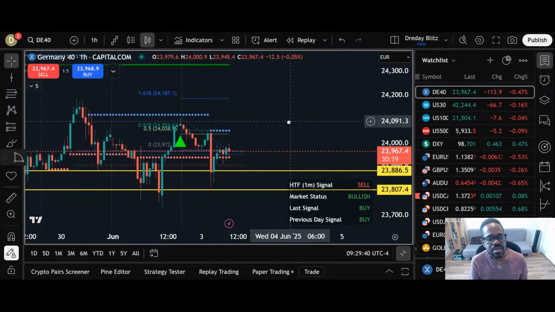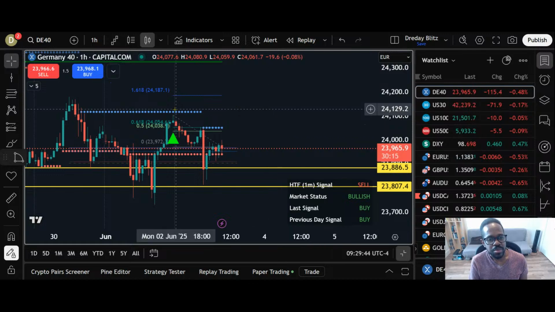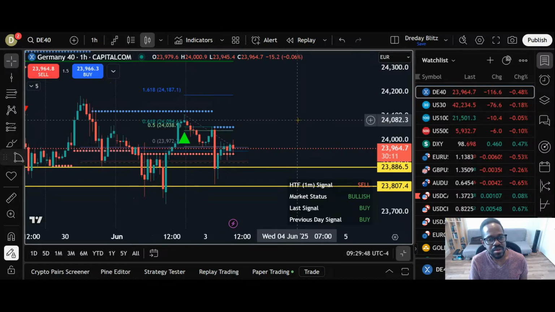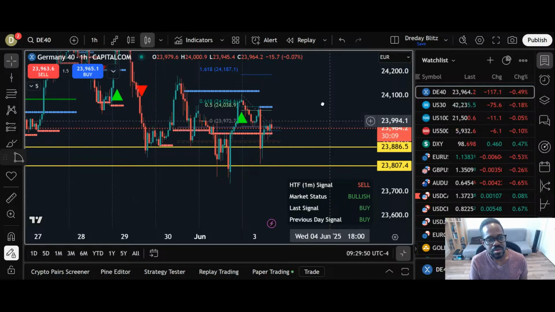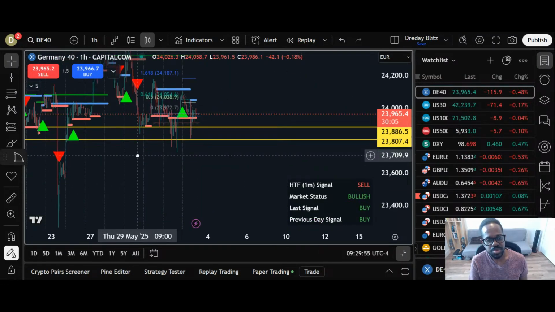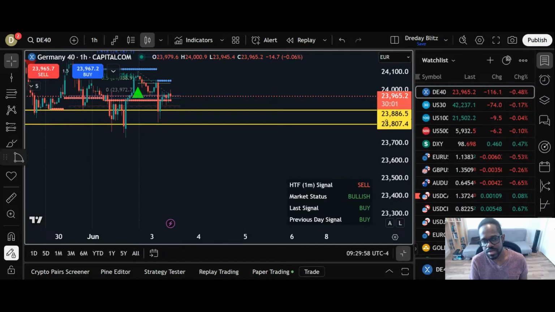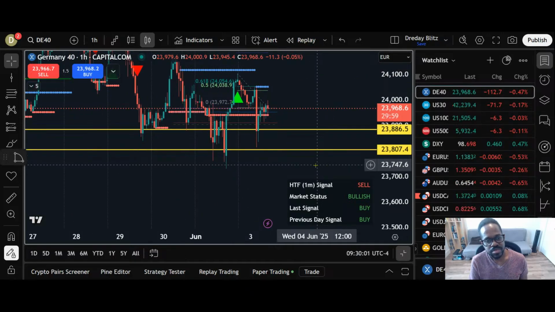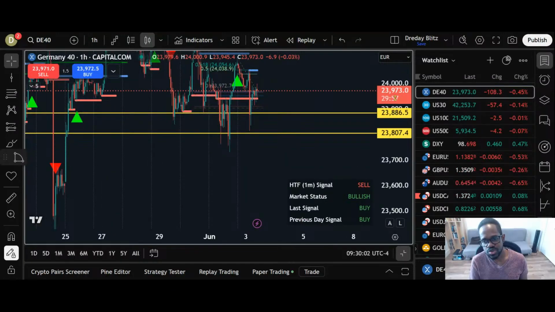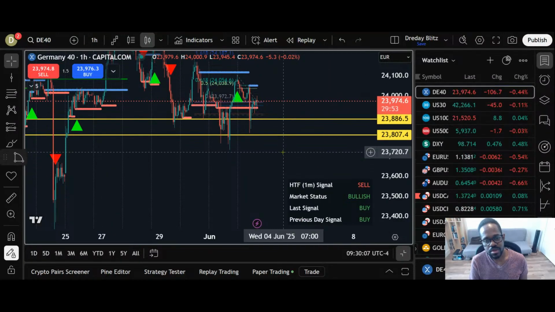So we didn't get a 1 hour sell yet. We had a buy here, didn't get a sell setup on the 1 hour. So sometimes you're gonna have that sell setup shown on the lower time frame before the higher time frame. So I'm still bearish here on German overall, expecting to go lower.